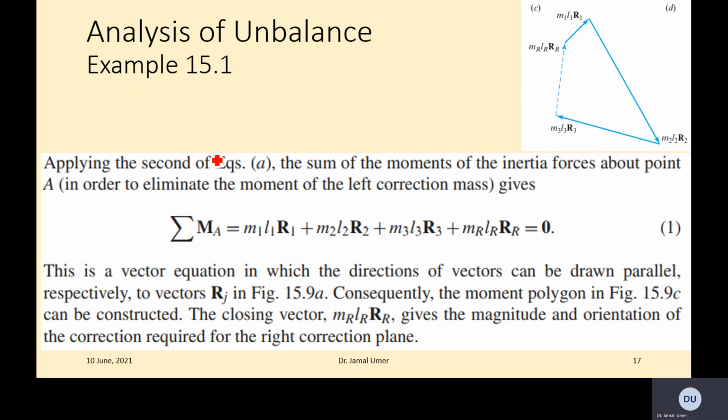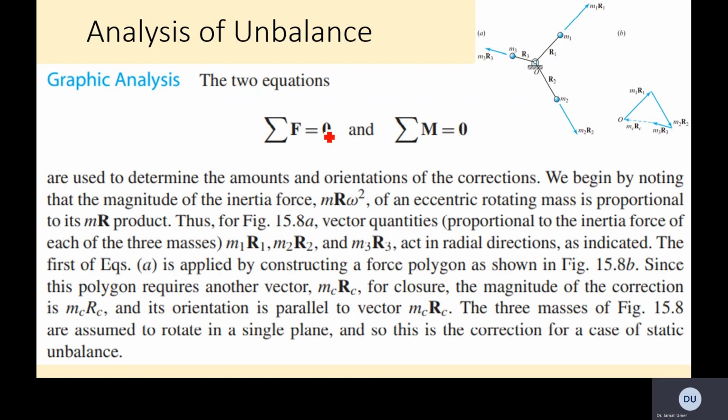All right, so applying this second equation, the sum of moments of the inertia forces. What is the inertia force? As I have told you, the force is basically m r omega square.